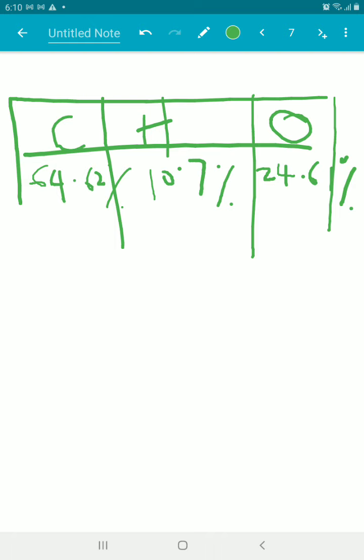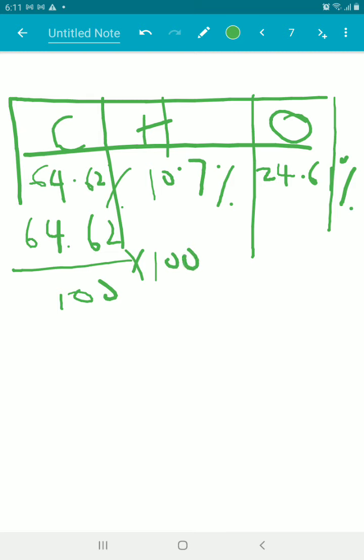percentage form. So macam mana kita nak hilangkan dia punya percentage? 64.62 over 100, because percentage, right, times 100. So at the end, the mass of carbon will be 64.62. This is the mass of carbon. You write gram here.